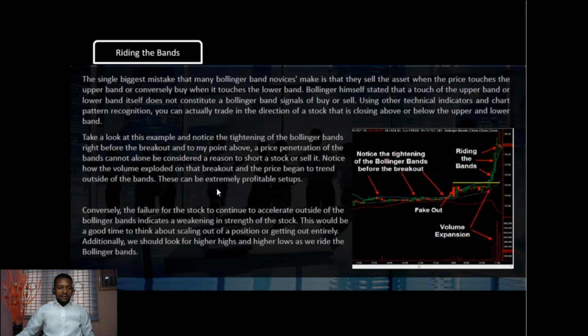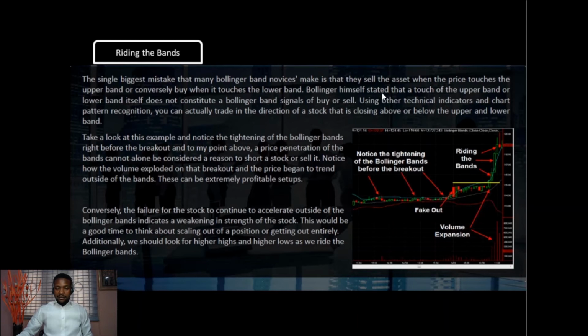And finally, this is one of the biggest mistakes made by Bollinger Band novices. They sell the asset when price touches the upper band, because they are waiting for a change of trend, or conversely buy when it touches the lower band.